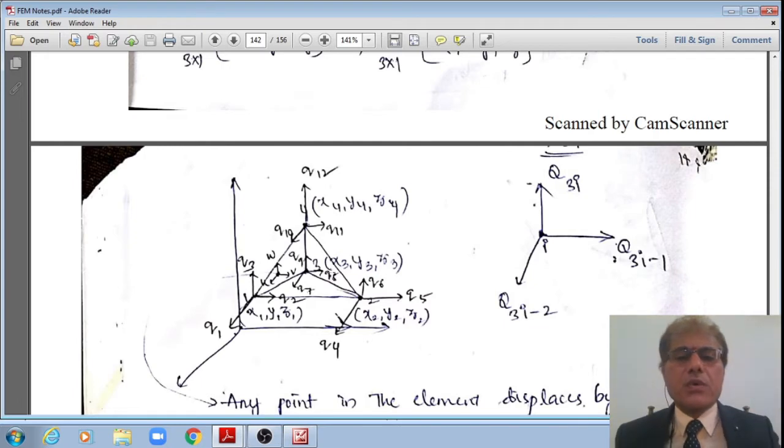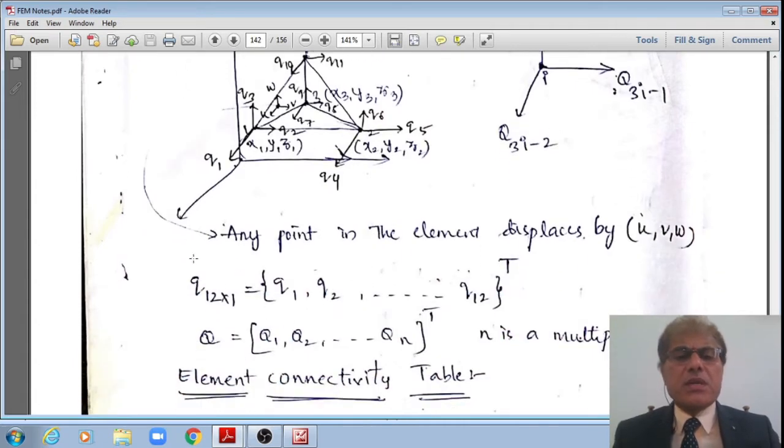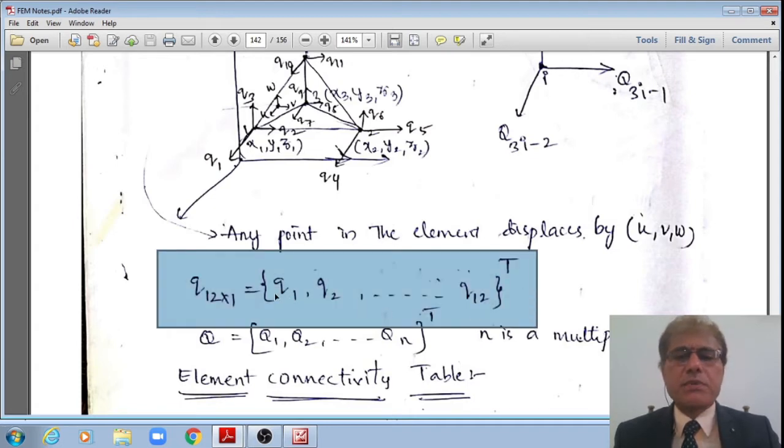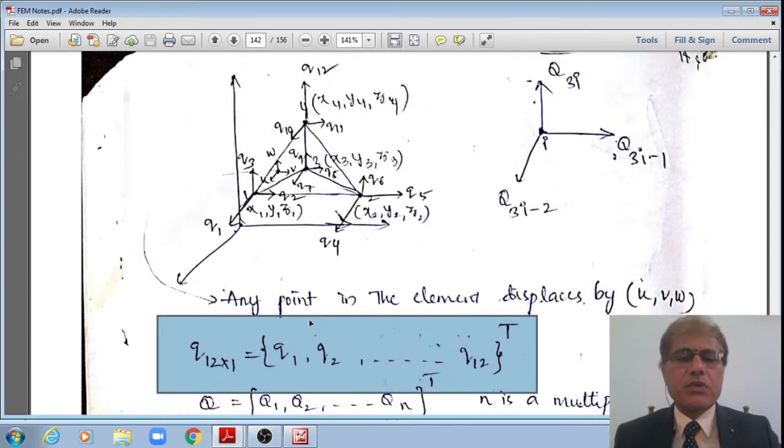That is how 12 degrees of freedom will be there. Total degrees of freedom are 12. Hence the nodal displacement vector, which is a 12 by 1 vector, is q1, q2 up to q12, transpose.